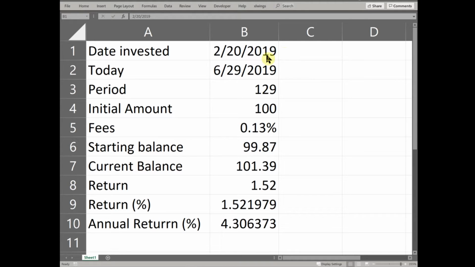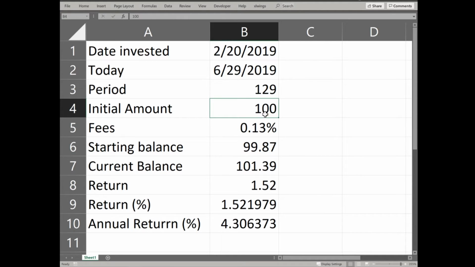As you can see, the date of investment is February 20, 2019. The date today, as of the date this video is being recorded, is June 20, 2019. The period between the initial investment and today is 129 days. The initial amount is 100 pesos.